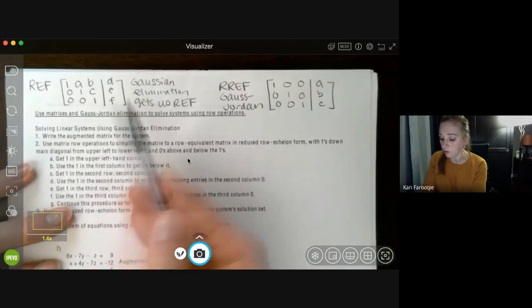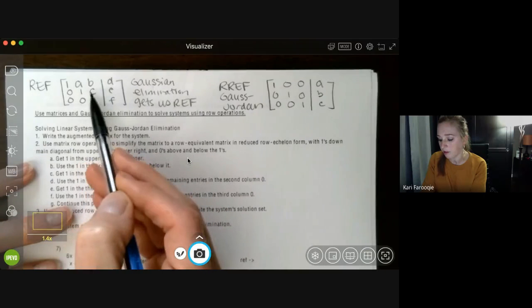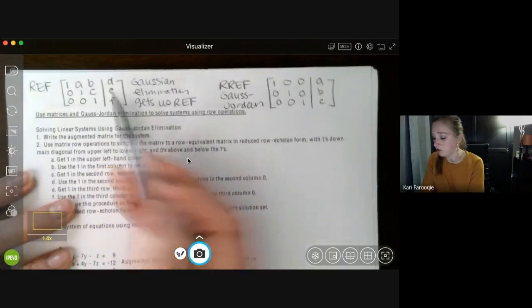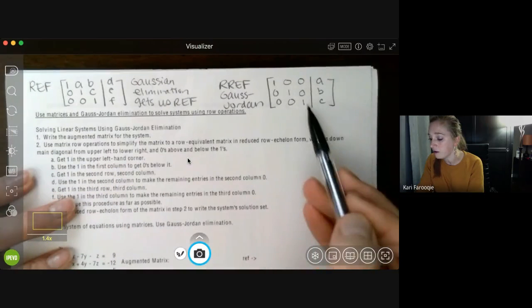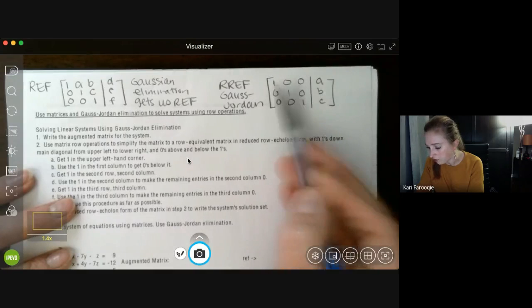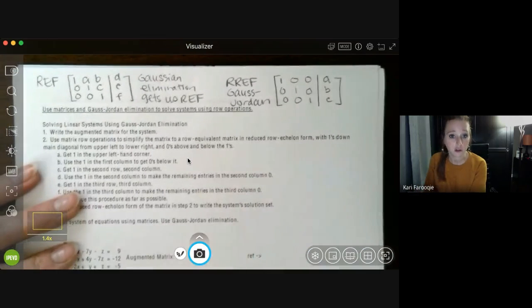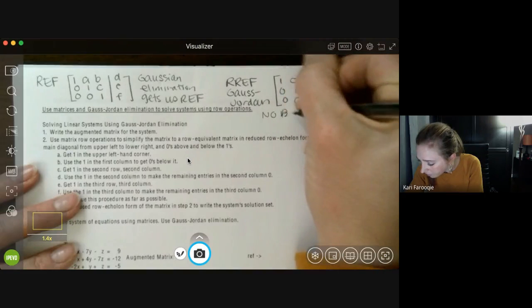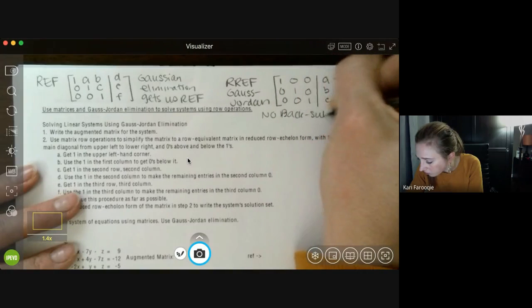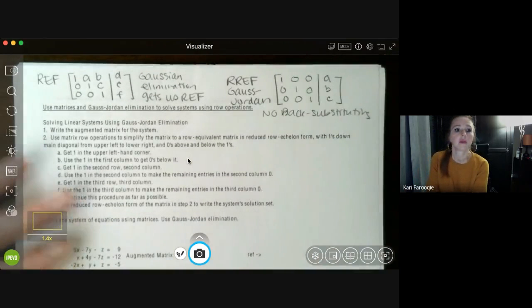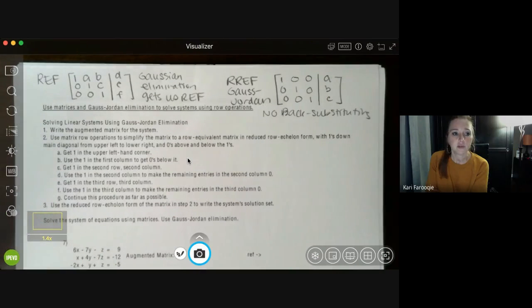You don't have to worry about having y plus cz equals e, because you don't have cz anymore. You just have z equals c, y equals b, x equals a. So no back substituting. That's the big difference here.